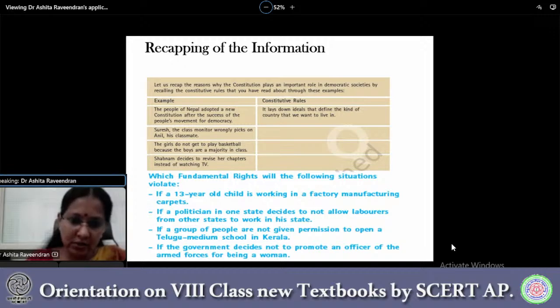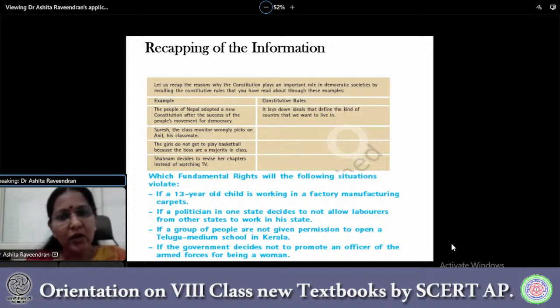This activity will help us to understand that the child has actually understood what fundamental rights say, and when and where these fundamental rights are violated. So these types of activities are given, which help in recapping the information.